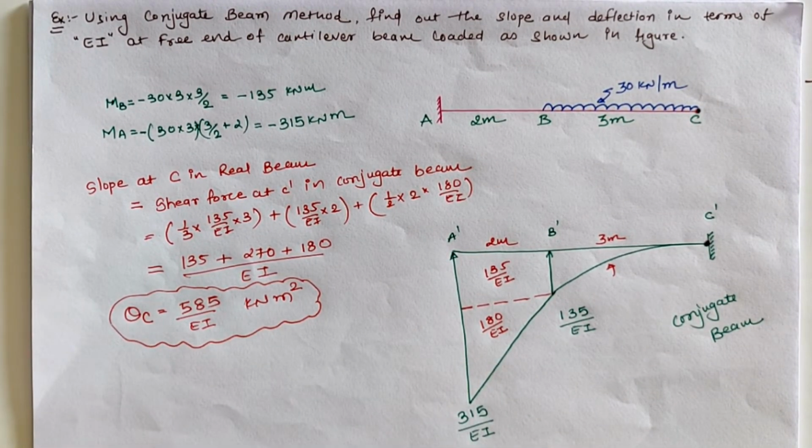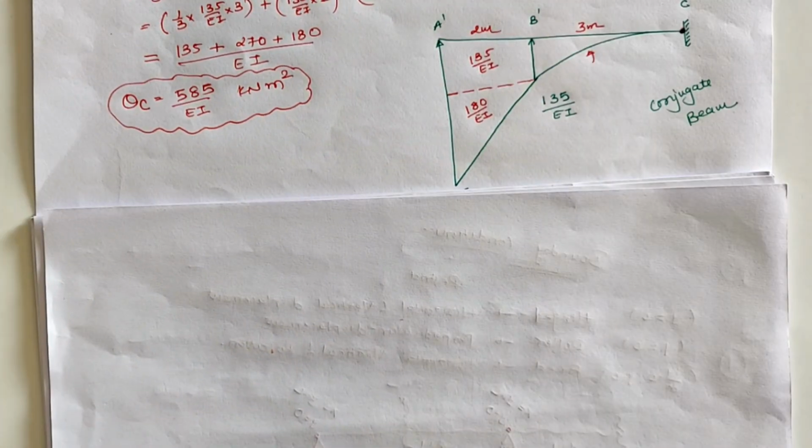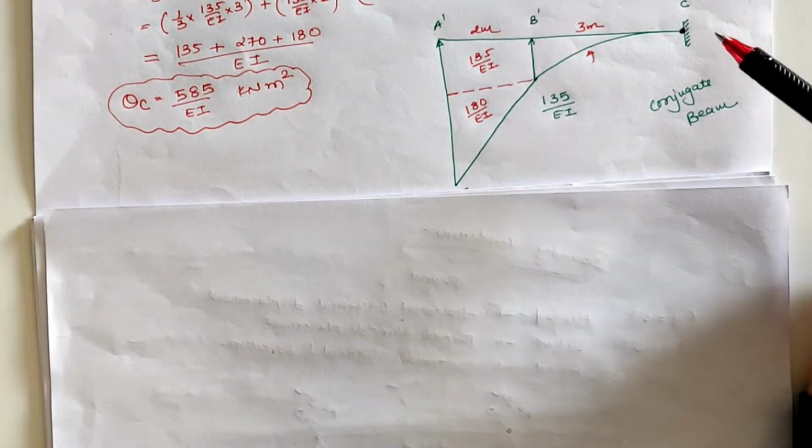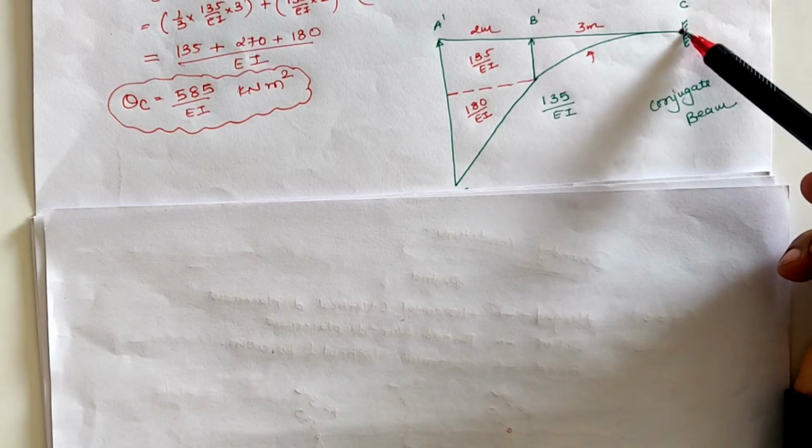Now going ahead for the calculation of the bending moment corresponding to the deflection at the free end of the real beam. For the deflection at the free end, we have to calculate the bending moment at the same location in the conjugate beam.